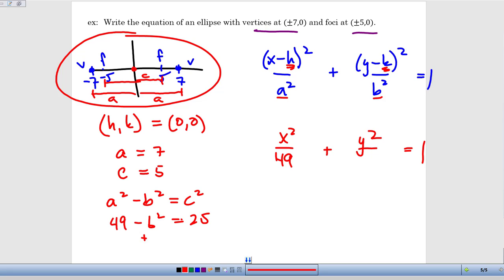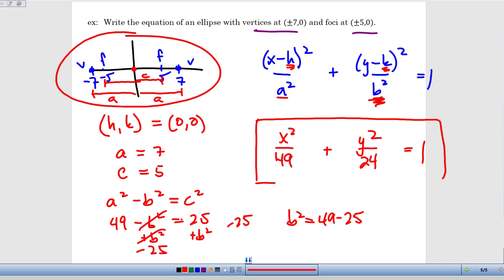So now if I add b squared to both sides and at the same time subtract 25 from both sides, I've got b squared is equal to 49 minus 25, or 24. And I don't even need to figure out what b is. I just need to know what b squared equals, since that's what goes into the equation, so I can fill that in right here. And so now I have the equation of the ellipse that has these features, the vertices at plus or minus 7, 0, and the foci at plus or minus 5, 0.